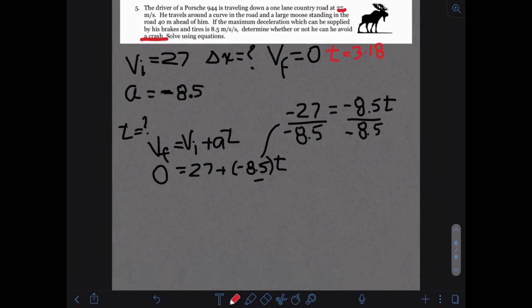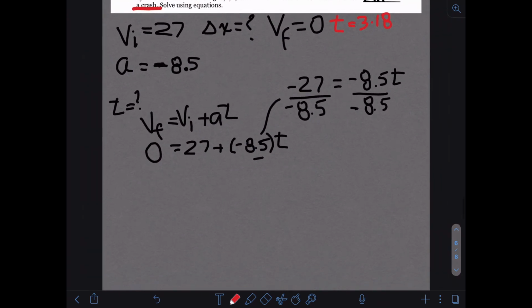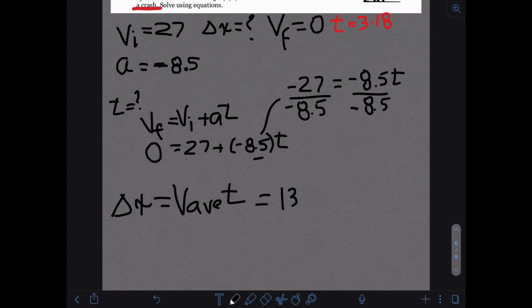Now, let's open up a little more room. I want to know displacement, so let's go with the go-to equation. Delta x is VAV times t. The average velocity, 27, cut it in half, 13.5 meters per second. The time to stop this vehicle is 3.18 seconds. This will give you the stopping distance in meters.